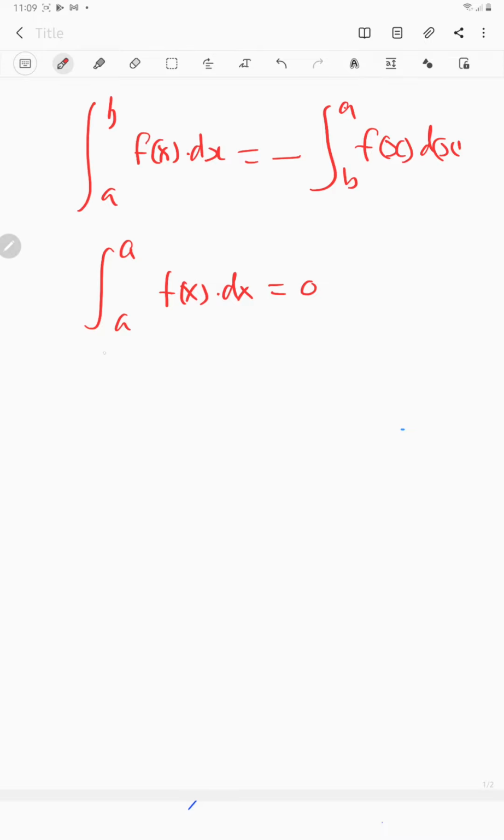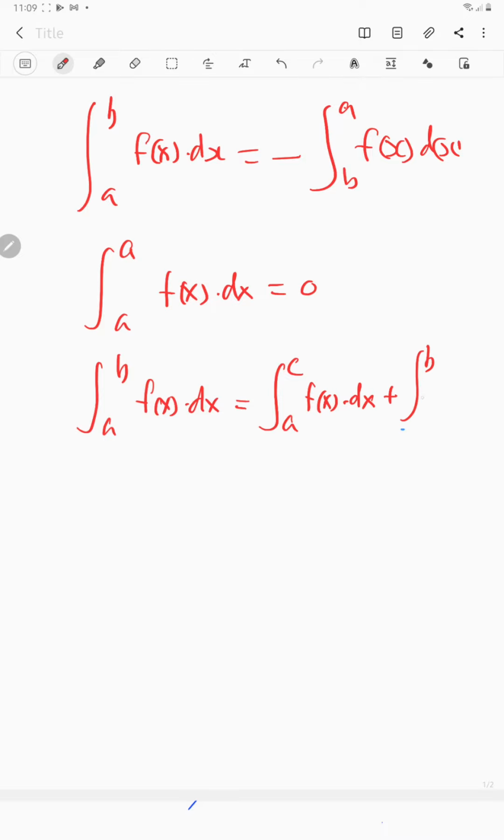And secondly, if we have the integral from a to b of f(x) dx, it is the same as the integral from a to c of f(x) dx plus the integral from c to b of f(x) dx.